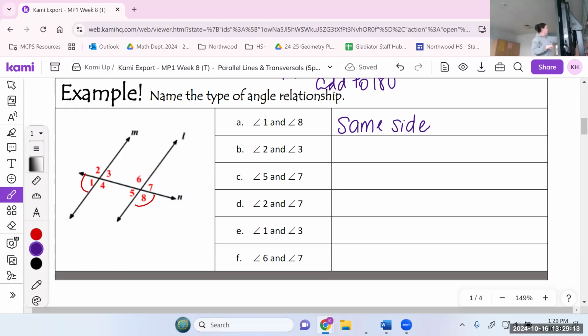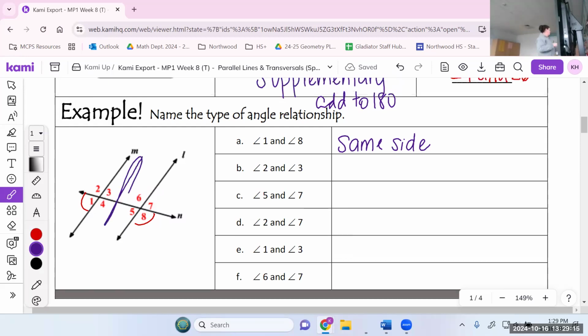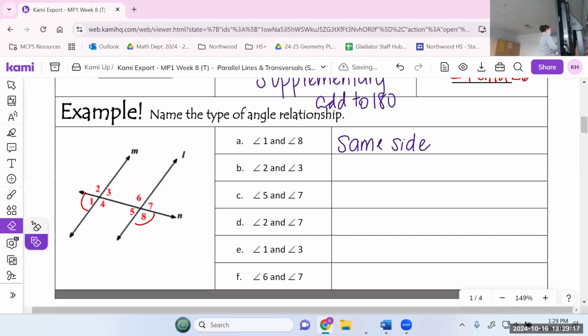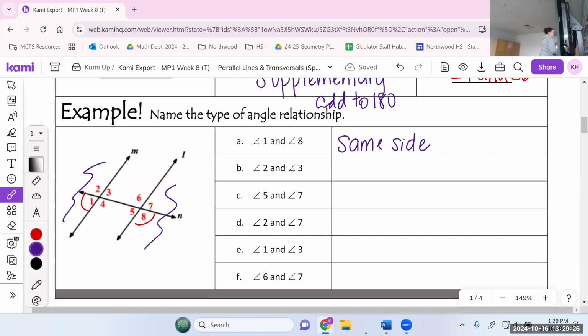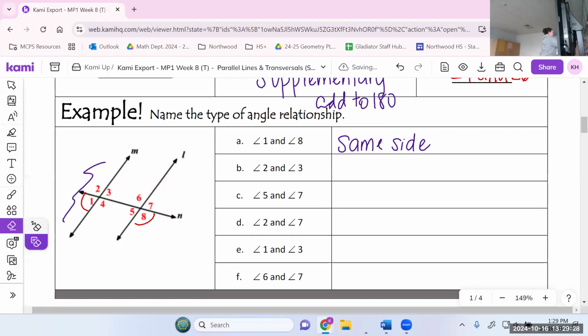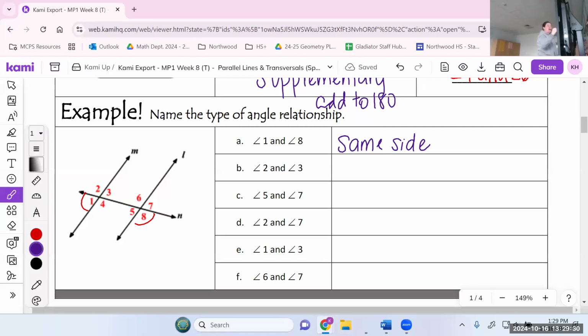All right, with our parallel lines, this is the inside. You can't really see, you see it a little bit. Sorry, that terrible scratching, but they are outside the parallel lines, these ones, because outside's this side, and this side, right? Outside those parallel lines. So these are same side exterior.